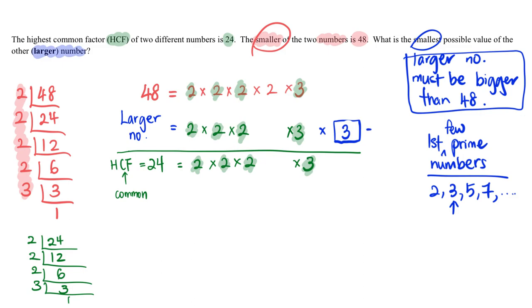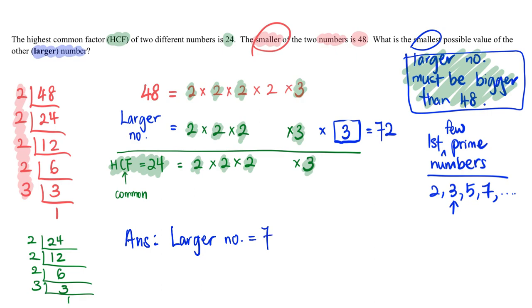And when I do that, I satisfy this, bigger than 48. I also made sure that the HCF is 24. And therefore, final answer, the larger number is equal to 72.